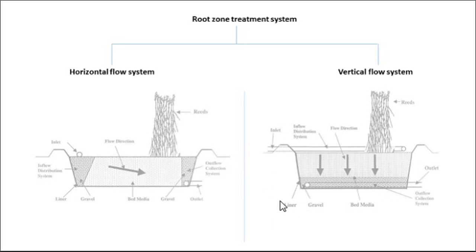In this root zone treatment system, at the bottom, as I have told, the collection system is there. Above that the gravel bed, then coarse sand, and then a soil layer in which the reeds, or different plants, are planted. The names of all these are shown in this figure. Next slide.